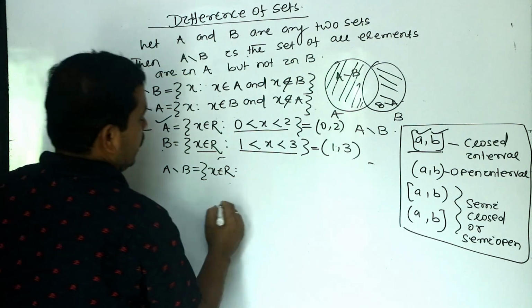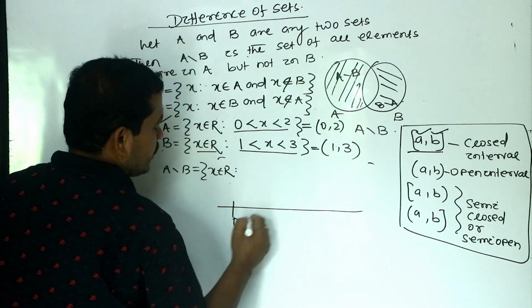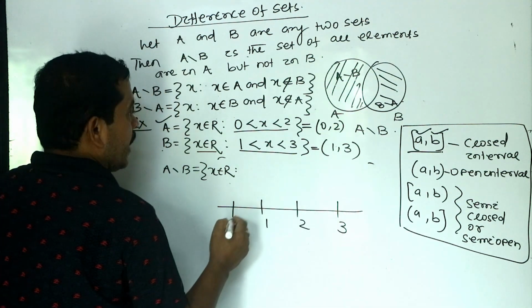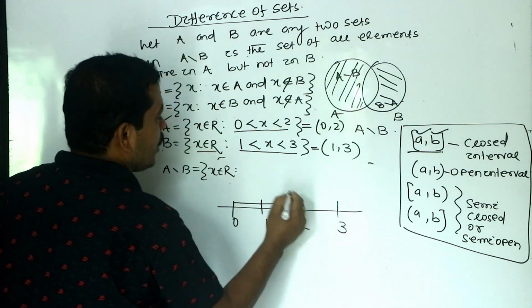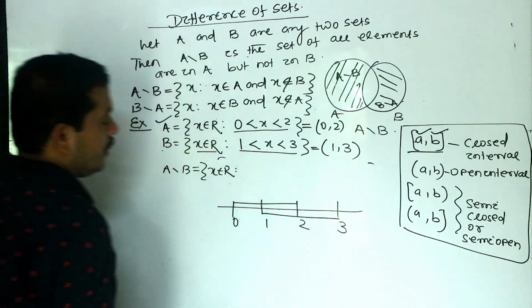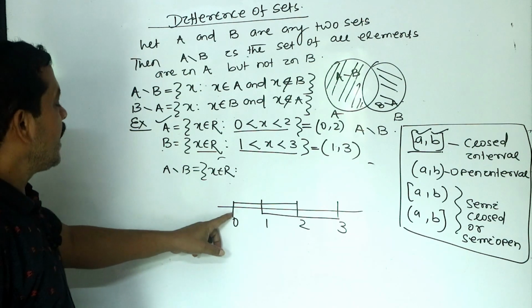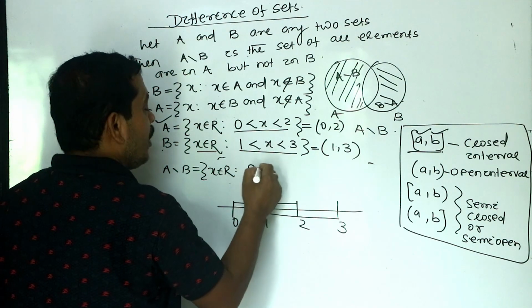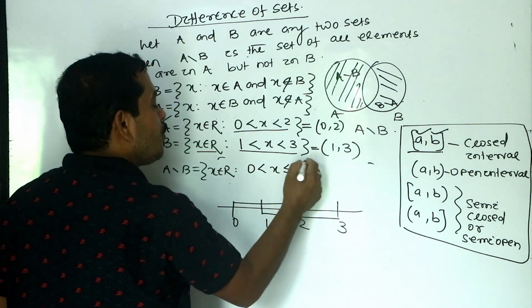If we draw the number line 0, 1, 2, 3, A contains the real numbers from 0 to 2 and B contains the real numbers from 1 to 3. Then A difference B is the real numbers from 0 to 1, meaning 0 less than x less than or equal to 1.